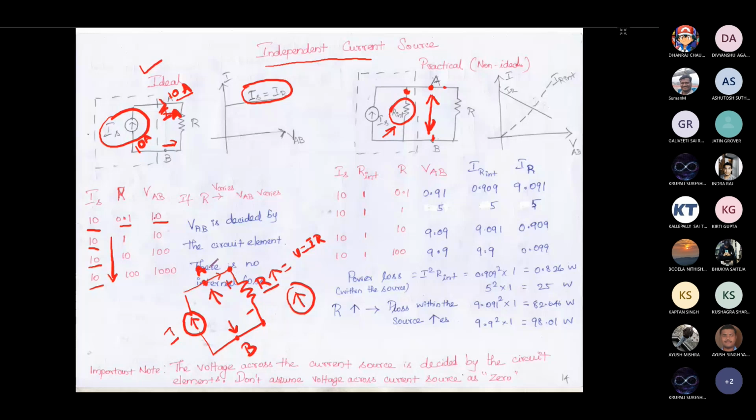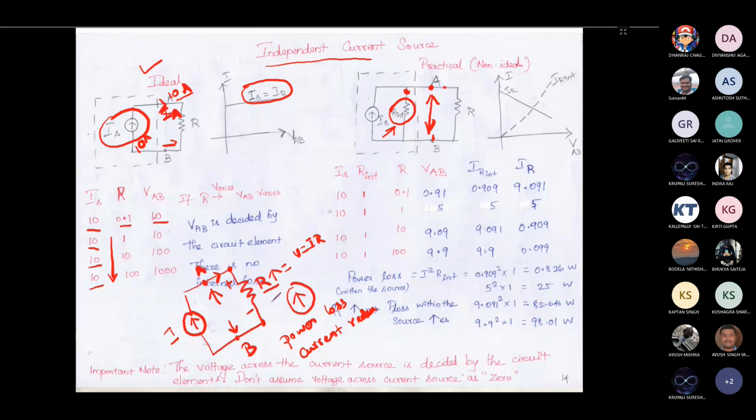Then there is a power loss within the source and a current reduction within the source, which means the current coming out of terminal A is going to reduce. That they have found.